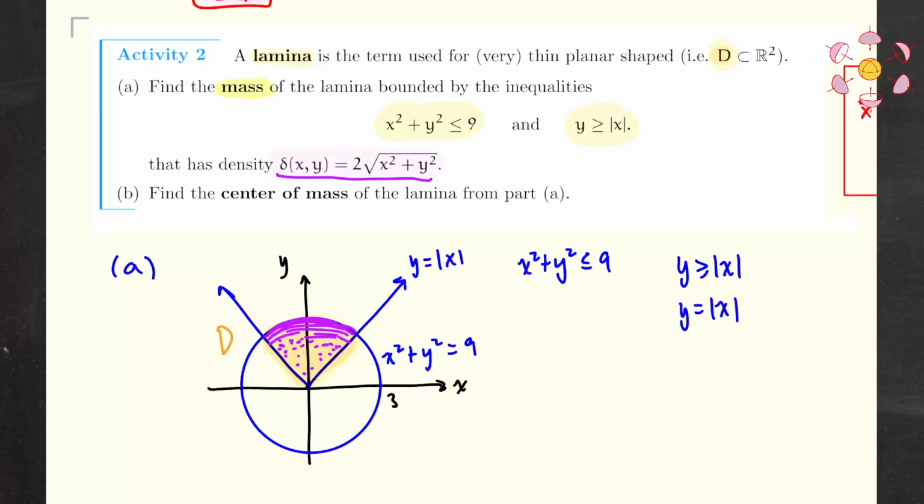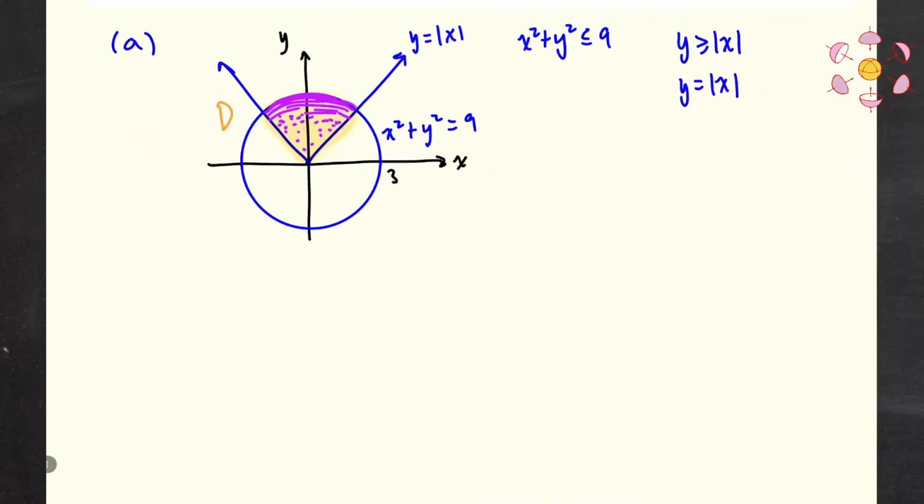Without doing any calculations first, we'll come back to the geometric center of mass in part B. For part A, we need to calculate the mass. So let's start with that. What is the mass? Let's start with how you should remember your formula.